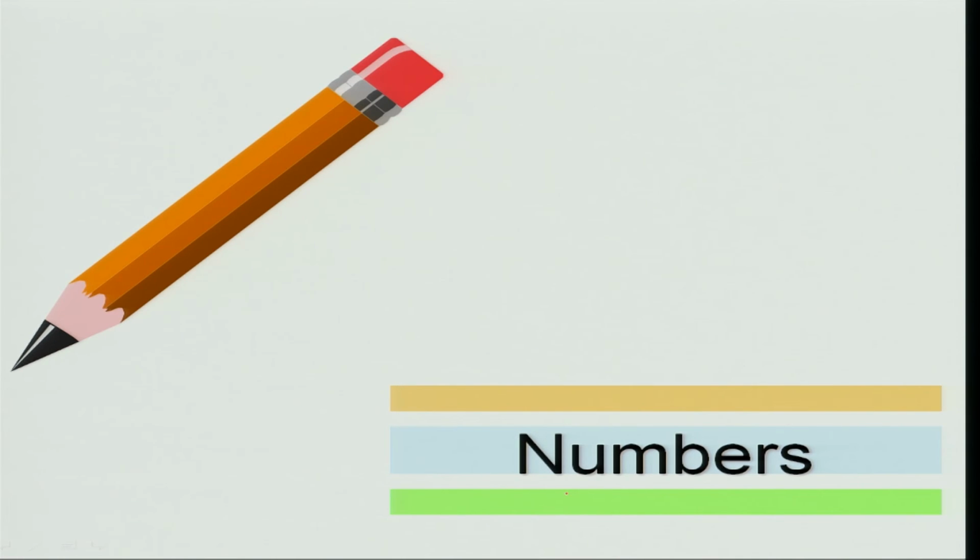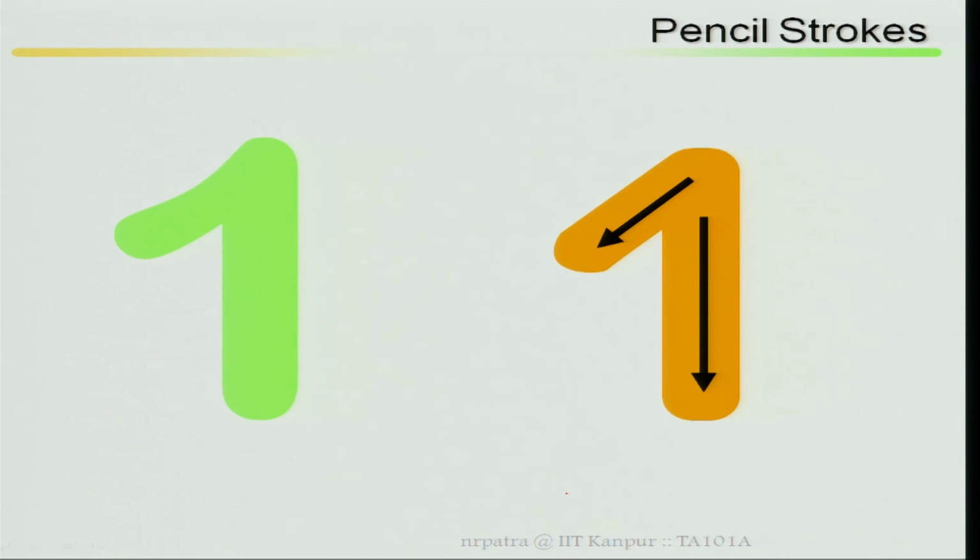In the case of numbers, look at the pencil strokes: first one, then second one. In engineering drawing I cannot write 1 like this, this is wrong. It may be normal practice to write 1 like this, but when writing in pencil in engineering graphics, this shows the 1.